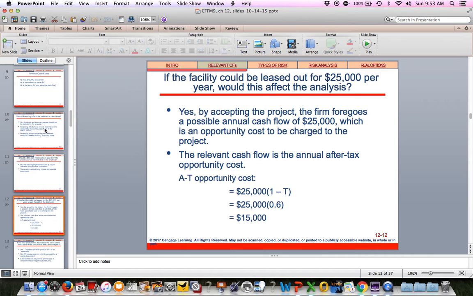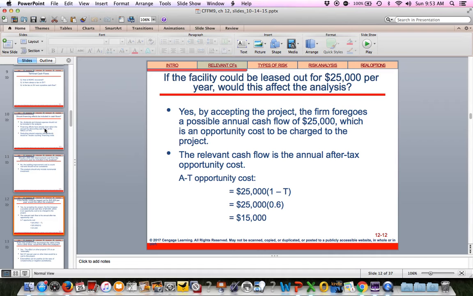And so we've got two choices. We can buy equipment or lease the space. Which one is best for our company? So we're going to charge the new project of buying equipment. We're going to deduct basically this cash flow from that to say that this is an opportunity cost, which you wouldn't do in accounting, but in finance you do. So this is a relevant cost.